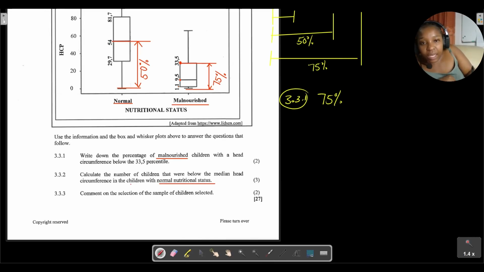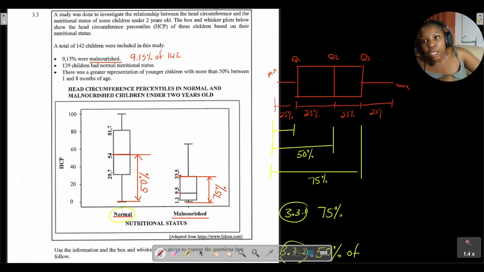So we're just going to take question 3.3.2. 50% of the kids that had a normal nutritional status. So how many children were investigated that had a normal nutritional status? It is 129. So what do we need to do?